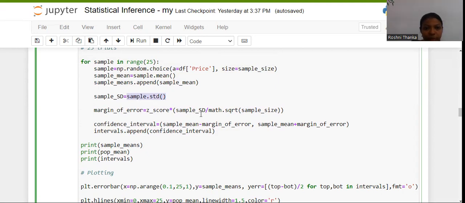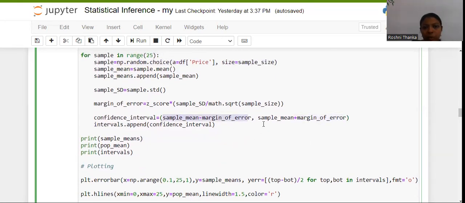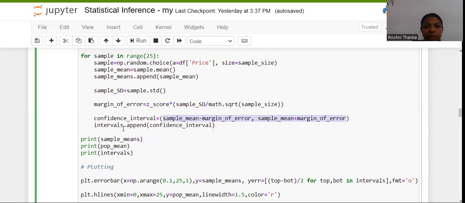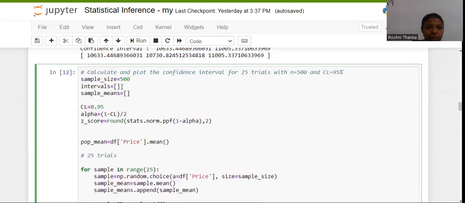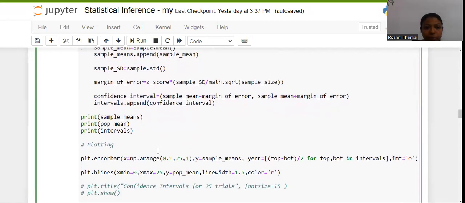Using the standard deviation, we first calculate the error, and that error is subtracted from the sample mean to find the lower limit, then added to the sample mean to find the upper limit, and then the lower limit and upper limit are appended inside the interval list. So we repeat it 25 times so that I'll get 25 values of this.